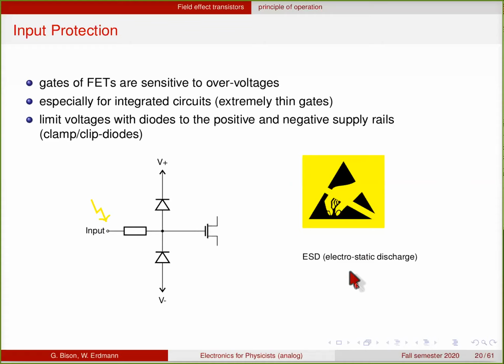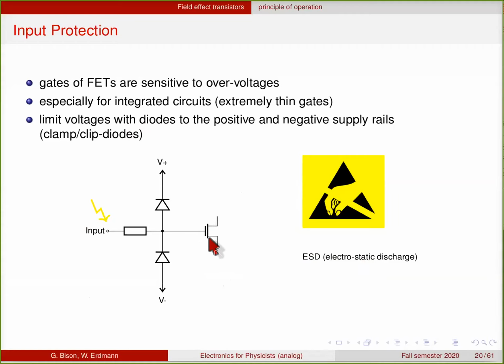You sometimes get a small electric shock, and if that happens to your transistor, then it's probably dead. So that's what you can do. Make sure that you are not charged when you touch your devices, or don't touch them at all, at least not the contacts.